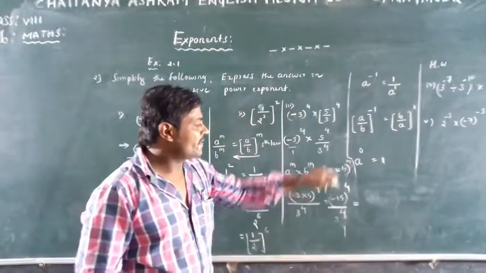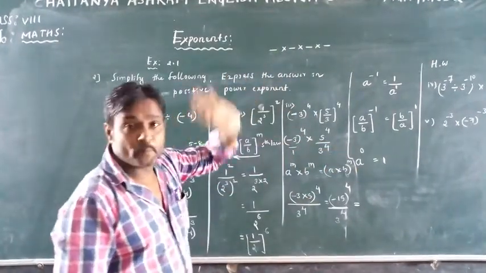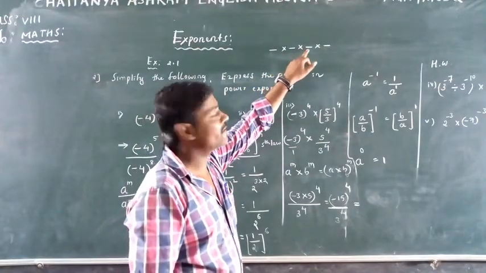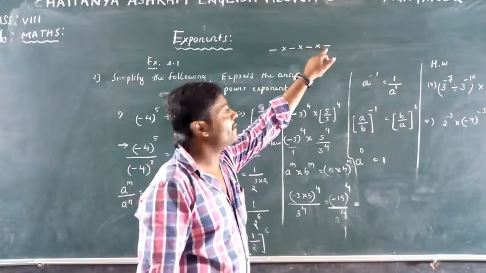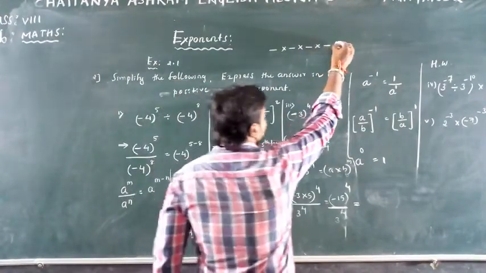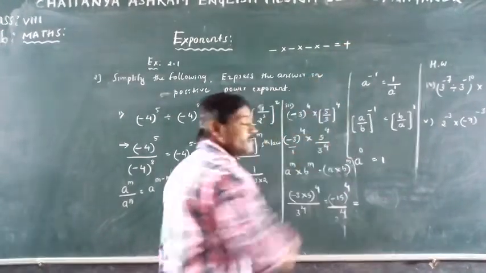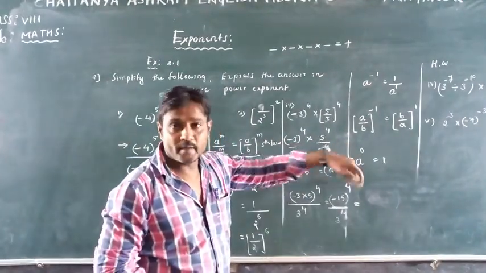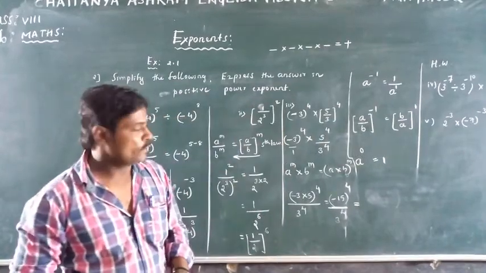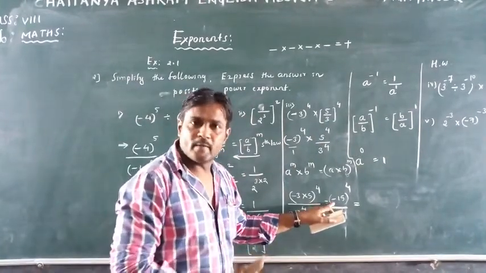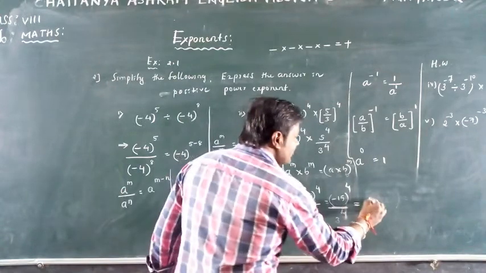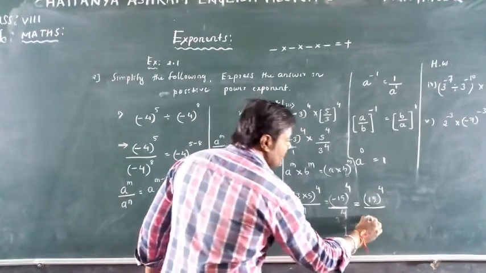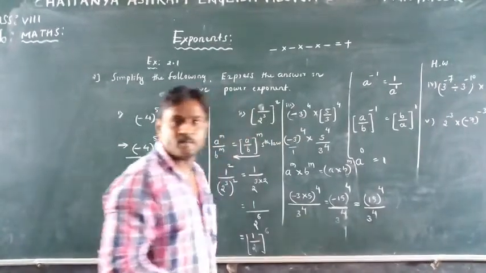Minus into minus is plus, plus into minus is minus, minus into minus is plus. Minus multiplied by itself 4 times, or minus raised to the power 4, is always positive. So its value is positive. So we are left with only 15 raised to the power 4 divided by 3 raised to the power 4.